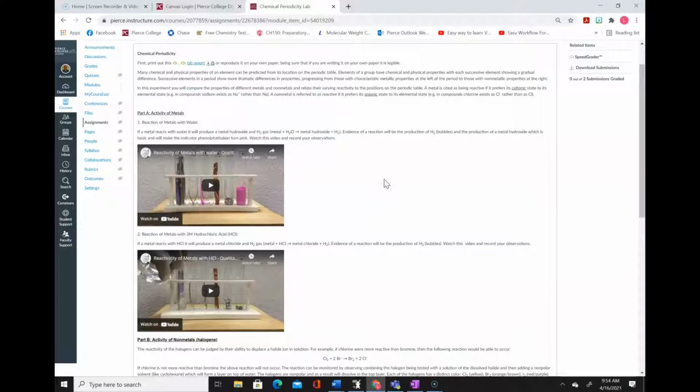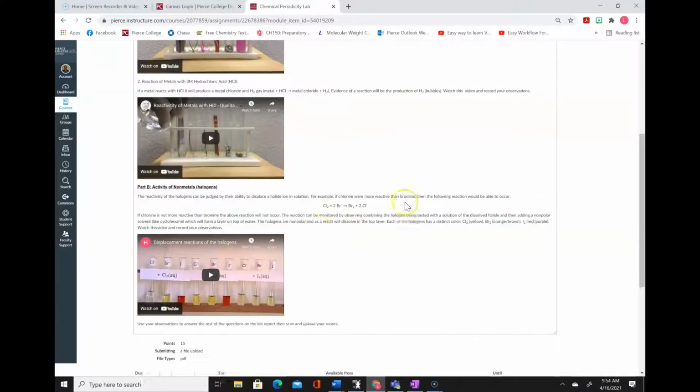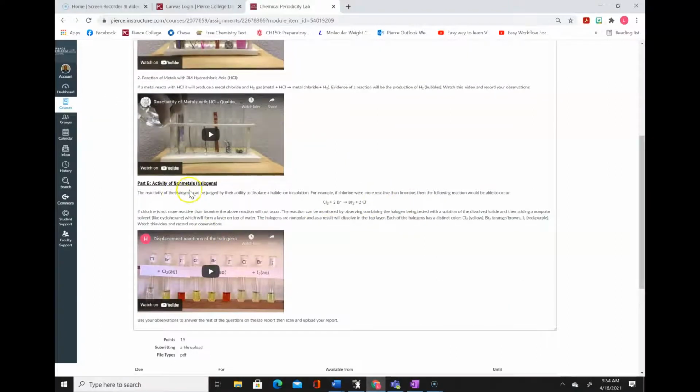As we move up and down the group, there's going to be a gradual trend in the change of properties. As we move across a period, there will also be a change in the properties, but it tends to be more dramatic.